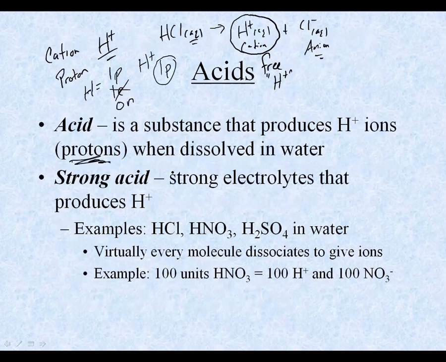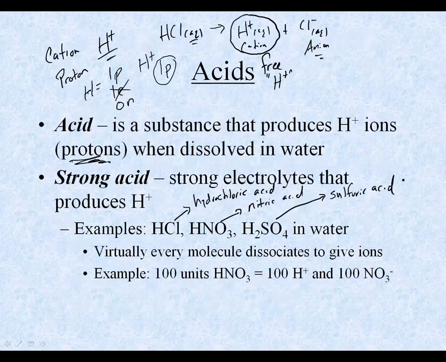If we have strong acids, and we should know these names since we talked about nomenclature, there's no oxygen there, so that's hydrochloric acid. This has oxygen, that's nitrate, which becomes nitric acid. And that is sulfate with oxygen, which becomes sulfuric acid.